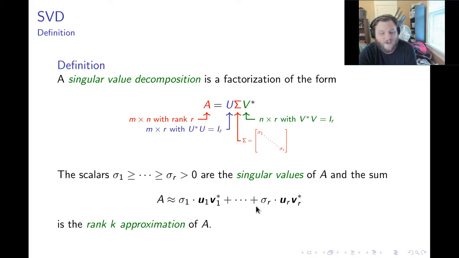And then we keep going until we get to the kth singular value, so this little r should be little k, multiplied by the kth column of U multiplied by the kth row of V conjugate transpose.